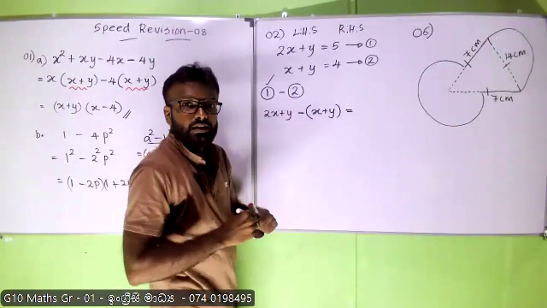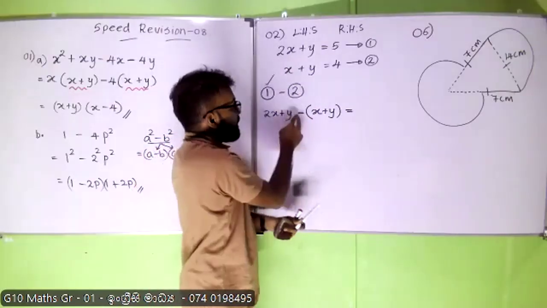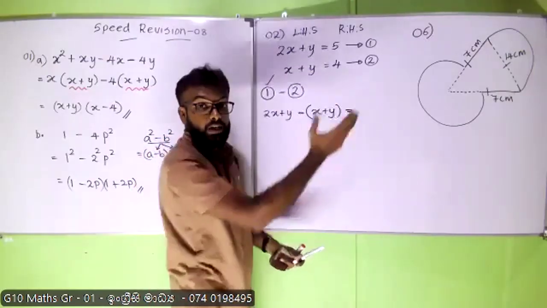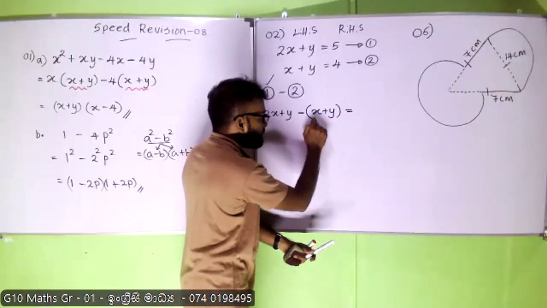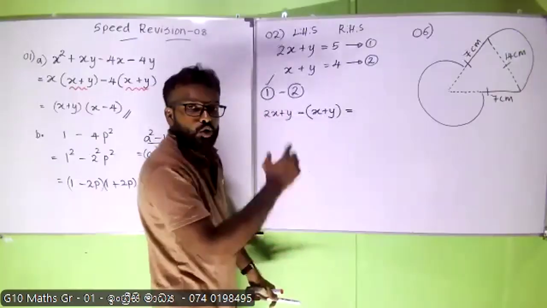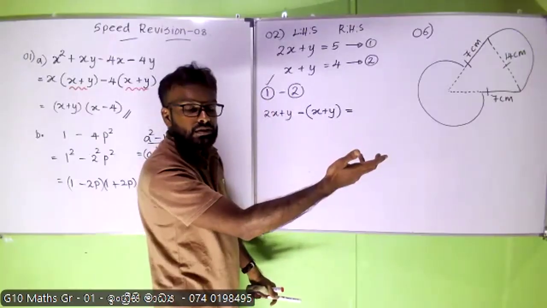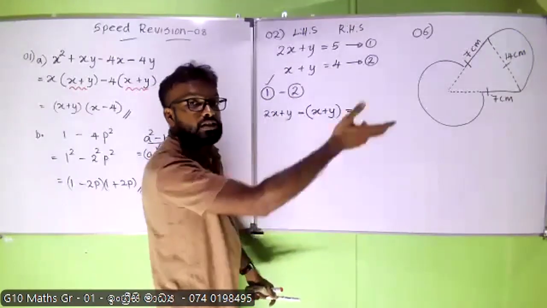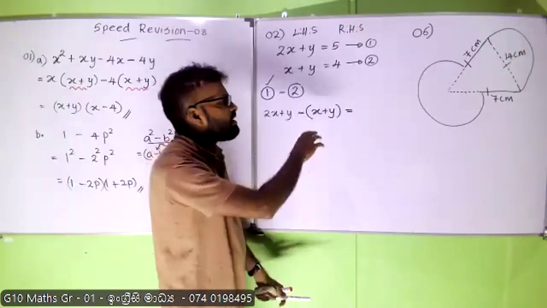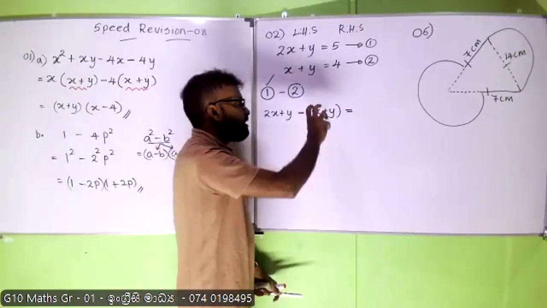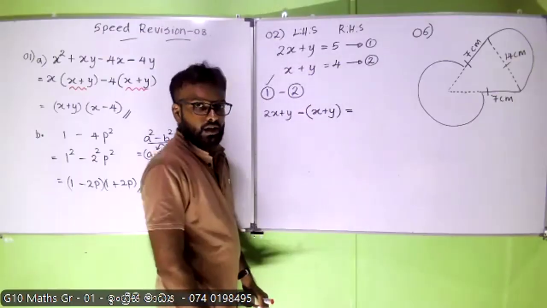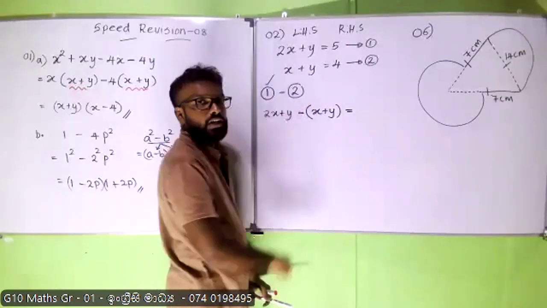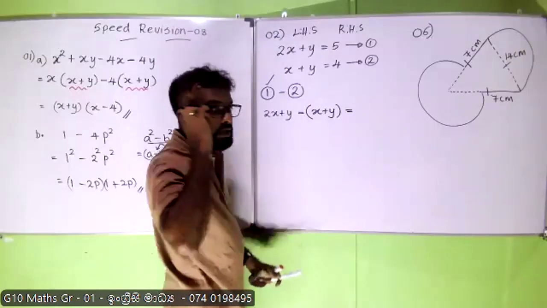Why is that? Because after the minus sign, I have an expression, not a single term. Two or more algebraic terms form an expression, not a single term. So I have to put brackets here, after this negative sign. Keep that in your mind.